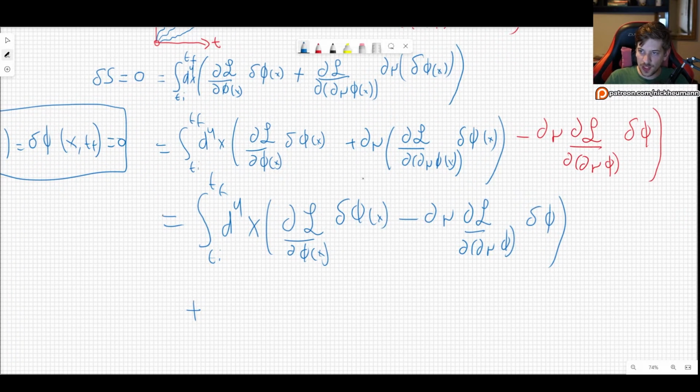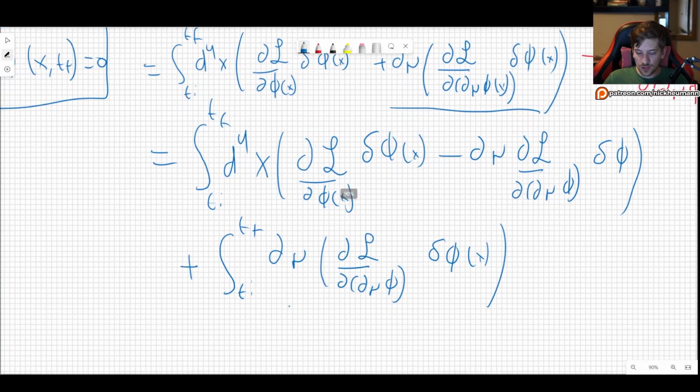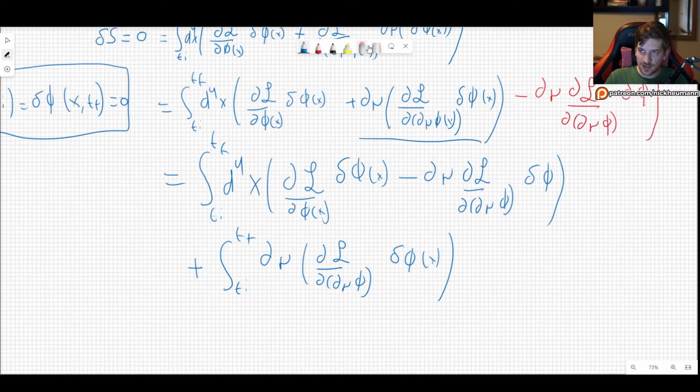So now we have plus this part, so that would be the integral from ti to tf of d mu of dL/d(d mu phi), times the variation with respect to the field. But now if we do the time integral, then we would have an integral no longer with time, but rather simply over space.